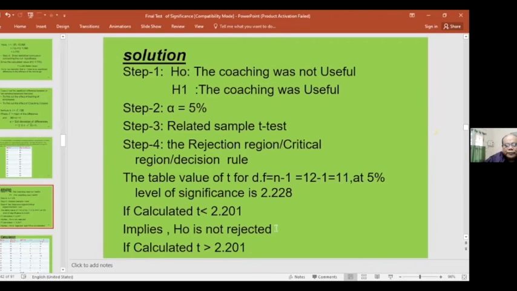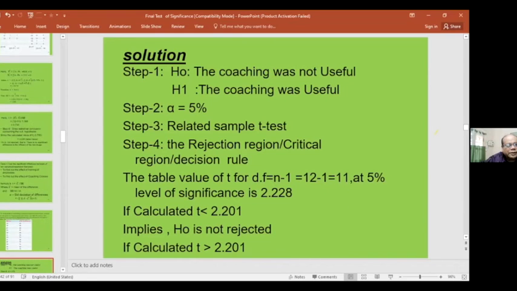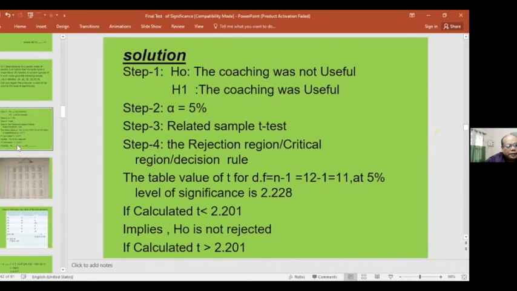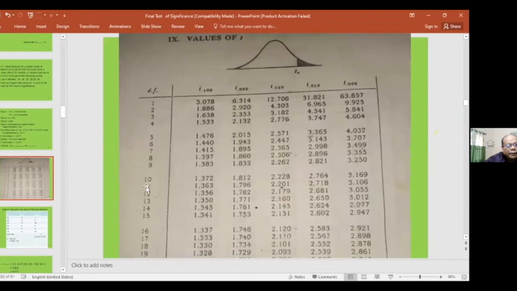Degrees of freedom: you have only one sample, so n minus 1. N is 12, minus 1 is 11. Then for 5%, you refer to the table of t values. For 11 degrees of freedom, with 0.025 in each tail, it is 2.201.